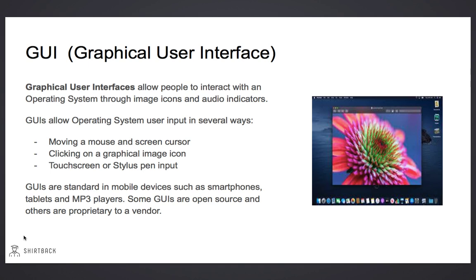Users can move their mouse and the screen cursor. They can click on graphical images, or you can even use touchscreen or stylus pens. Graphical interfaces are standard in all mobile devices, such as smartphones and tablets, and some are open source that allow users to share files and software across platforms.